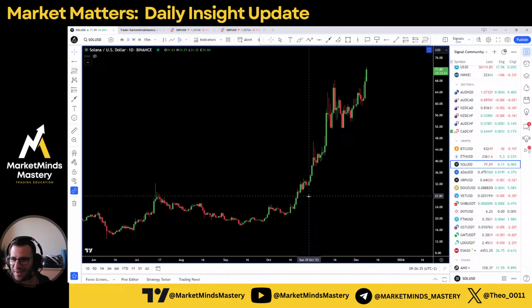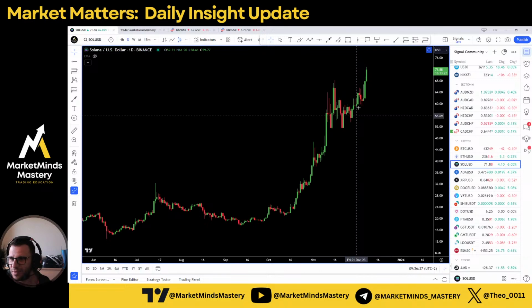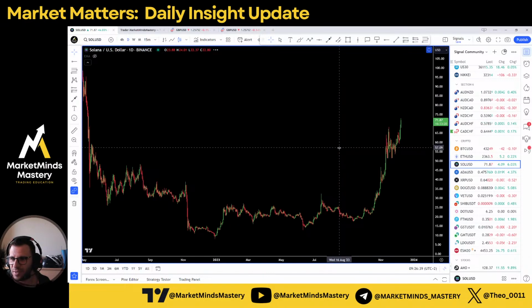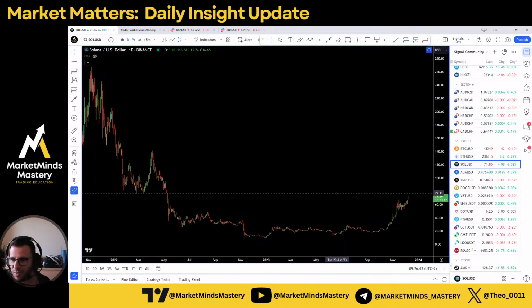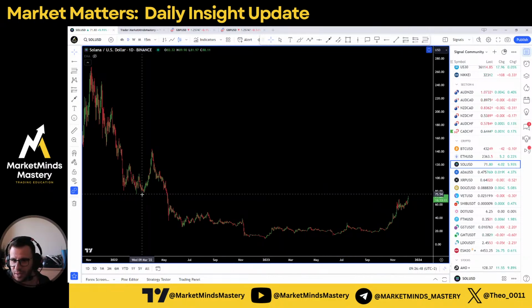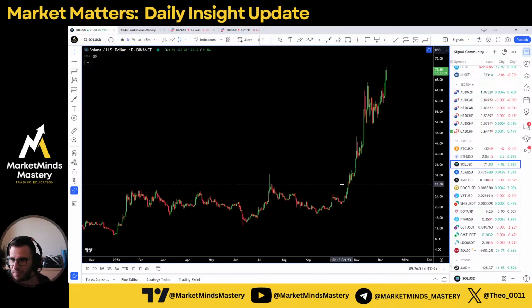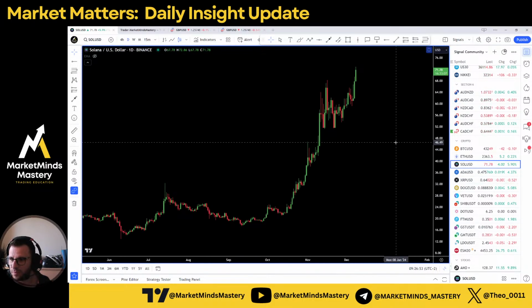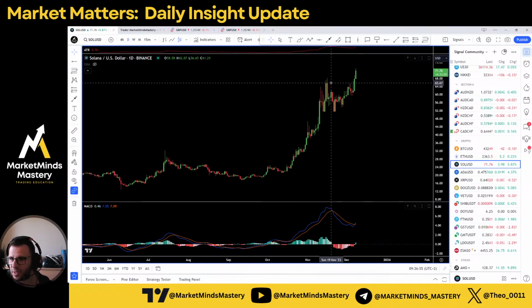And this is good. Still has a way to go. Some resistance from here can kick in, but let's see what's going to happen. MACD, bearish divergence.